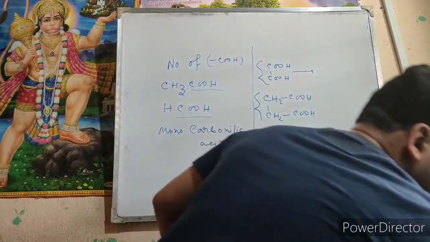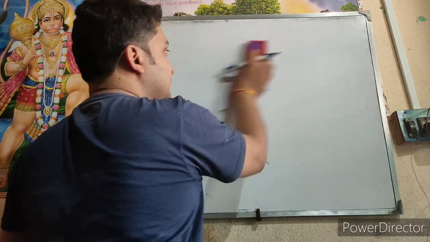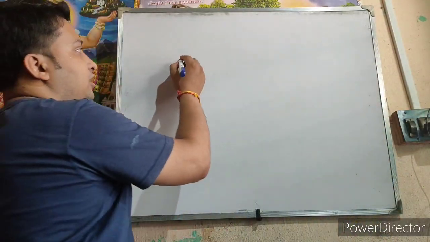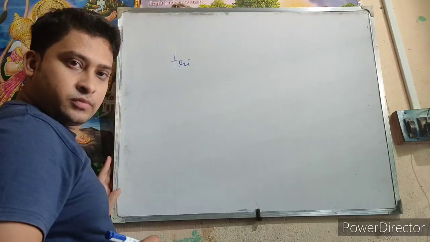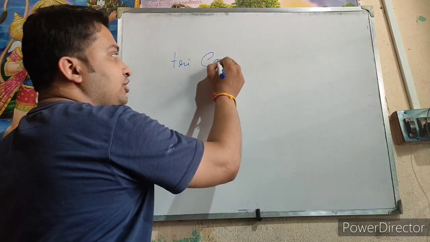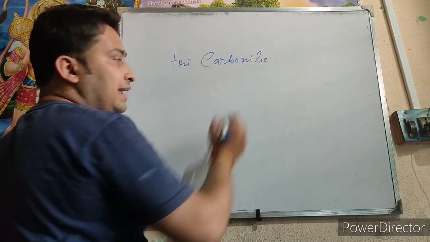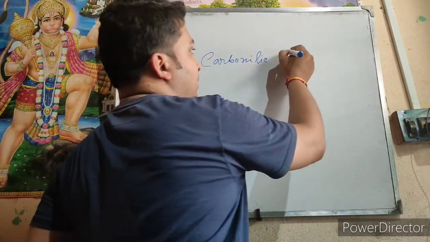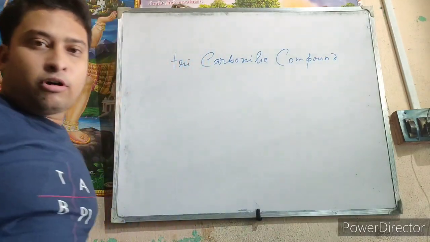Third, if the number of COOH equals 3, that is called a tricarboxylic compound.